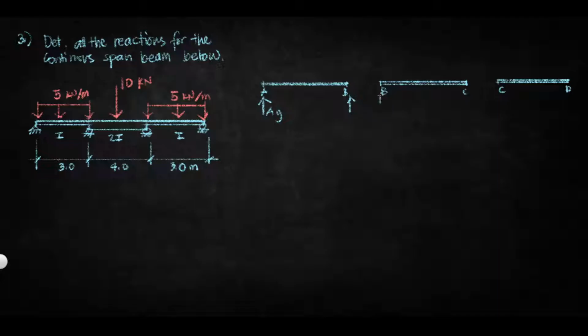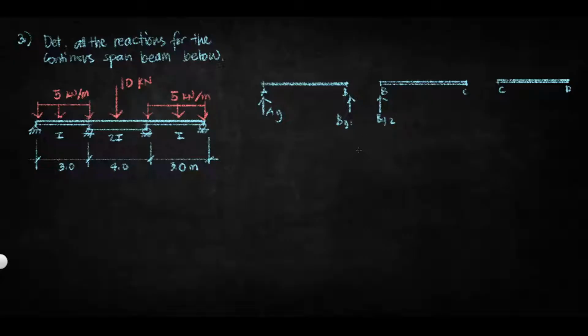So, dito, as you can see, sa point B, dalawa yung reaction natin, no? Iba yung support or reaction sa segment AB, iba rin yung reaction sa BC. So, let's say this is BY1, then BY2.